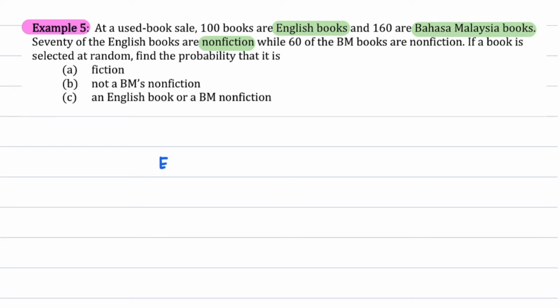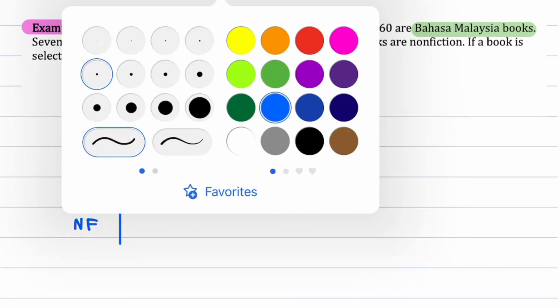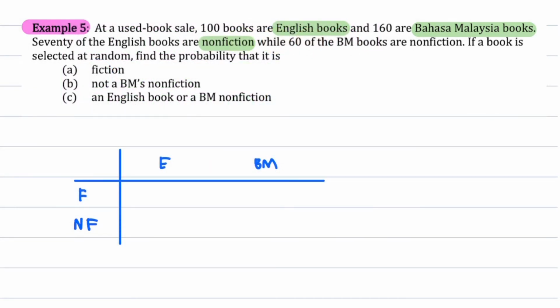Let's say you have the English books and Bahasa Malaysia books, then fiction and also non-fiction. The question gives you 100 English books in total, and 160 are Bahasa Malaysia books.